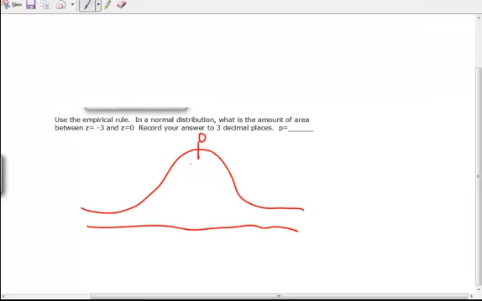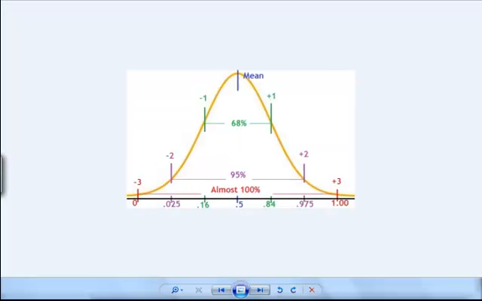Z equals 0 is always in the middle. -1, -2, -3. If you recall, 0 is associated with 0.5. -3 is associated with 0. I'll show you on the chart one more time.